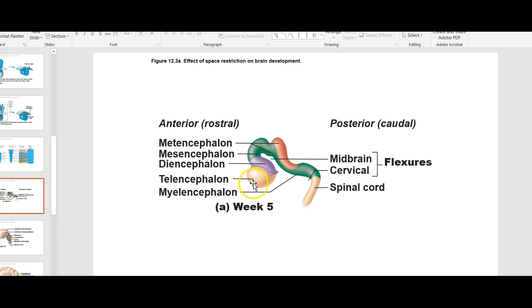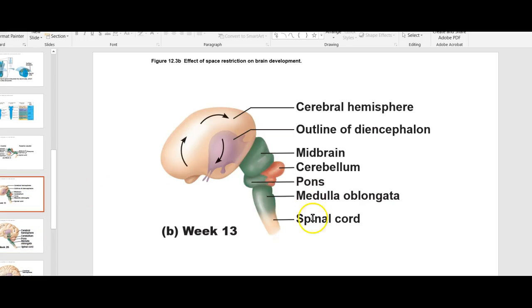Your whole central nervous system is the neural tube, but your brain is the golden part and the purple, and then brainstem in green. As it grows, it starts to get bigger, but your skull is forming around it, so it can't just keep growing in this direction.